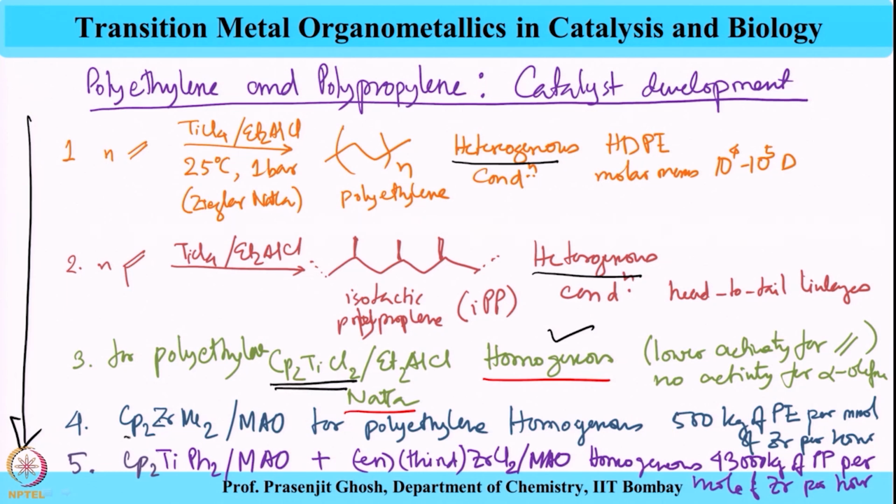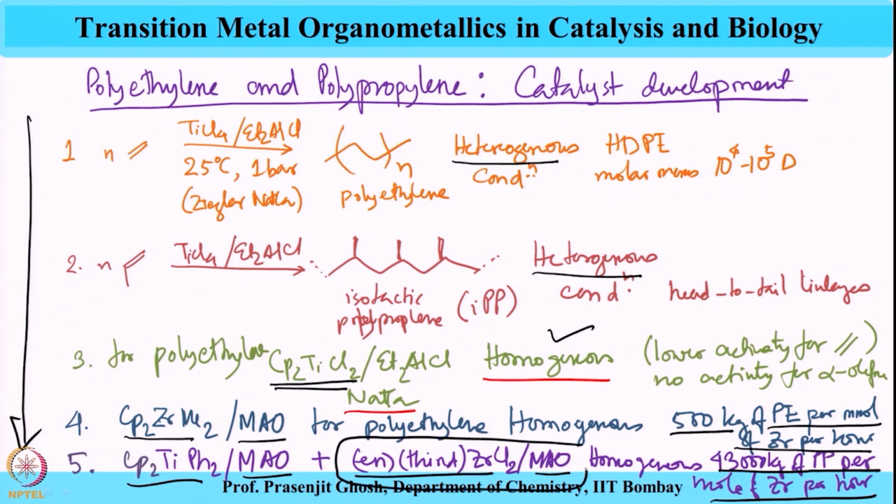Now, this Cp2 system with MAO gave extremely high activity for polyethylene per millimole per hour, and then subsequently Cp2 system with MAO and this ansa system with MAO gave extremely high isotactic polypropylene per hour. And we had looked at this ansa system in much more detail in our previous discussion.